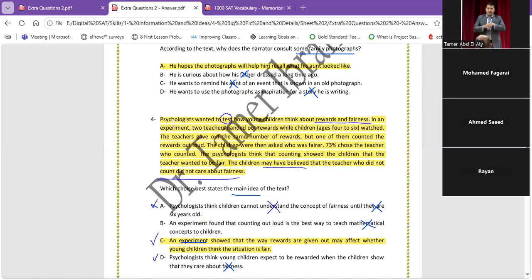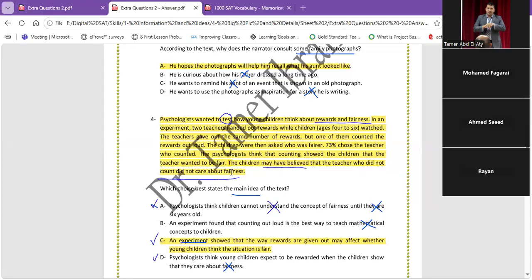Here he said in the first sentence, psychologists wanted to test how young children think about rewards and fairness. The last sentence: the children may have believed that the teacher who didn't count didn't care about fairness.